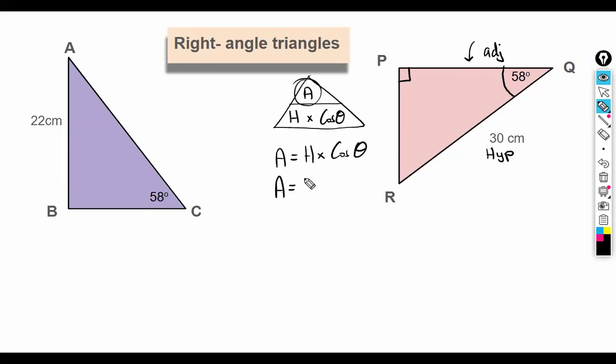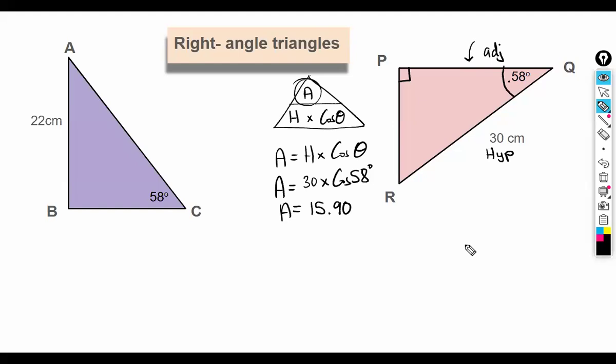The hypotenuse is 30, and theta is the angle that we're referencing everything from. So let's type that in: 30 multiplied by cosine 58.